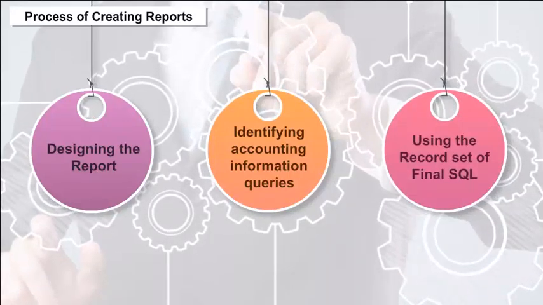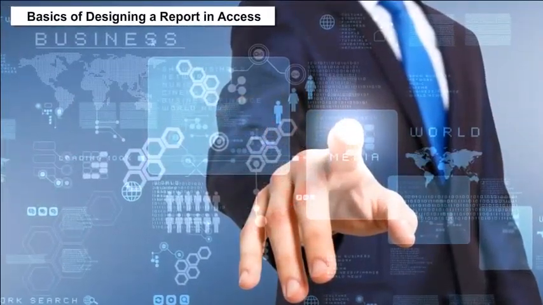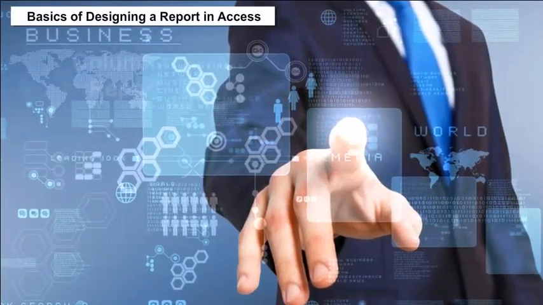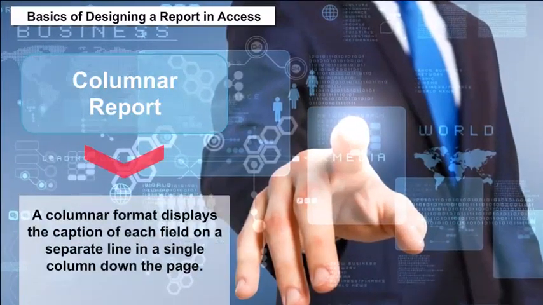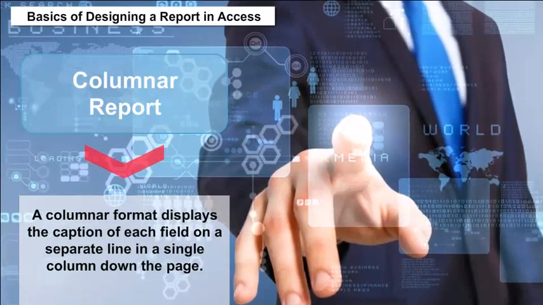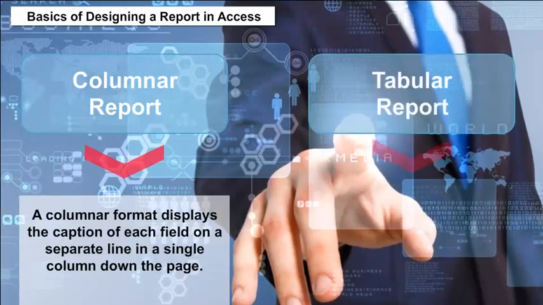Basics of designing a report in Access. There are 2 formats to represent reports. Columnar report. A columnar format displays the caption of each field on a separate line in a single column down the page. Tabular report.